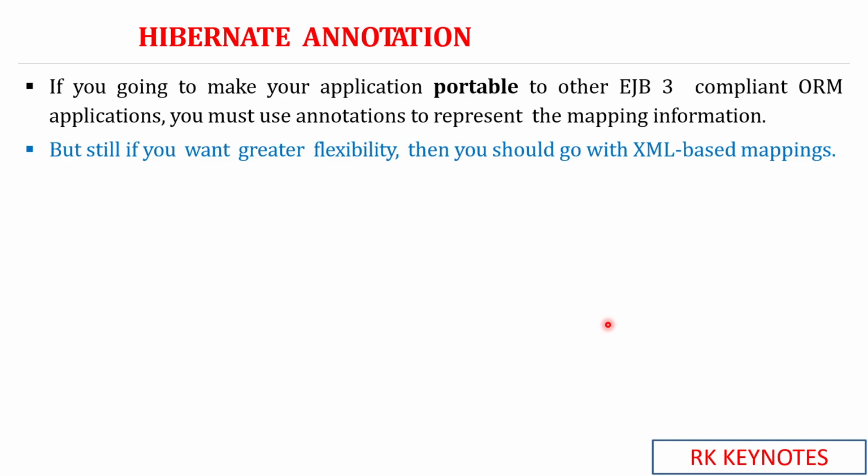But if you need great flexibility, then you should go for the Hibernate mapping file, because the Hibernate mapping file, the HBM file, will give you a lot of flexibility, which means you can add a lot of property kind of tags. And if in future you need to add many more things, then you can create the XML files where we can perform mappings. All right. So that's the only conclusion for this confusion.